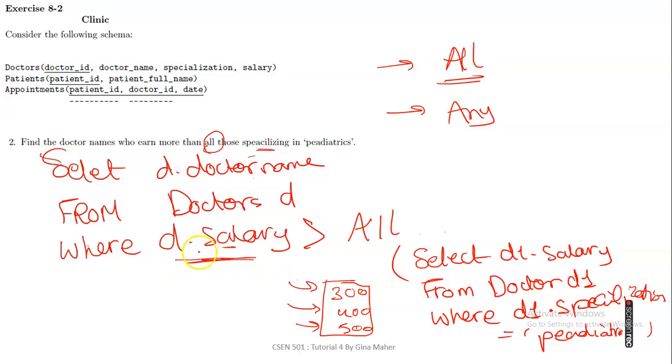So we need to check what we are comparing. Another option is to get the maximum here. So after doing this, instead of all, we can make max salary and remove all. So we are going to compare the D.salary with the maximum salary. It's also doable and it's correct.